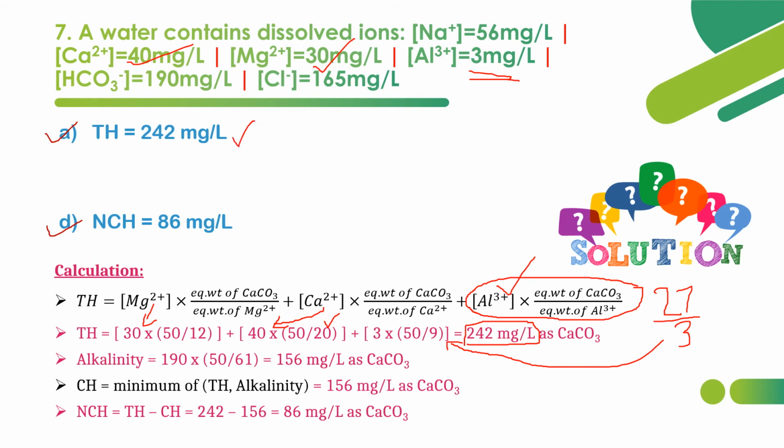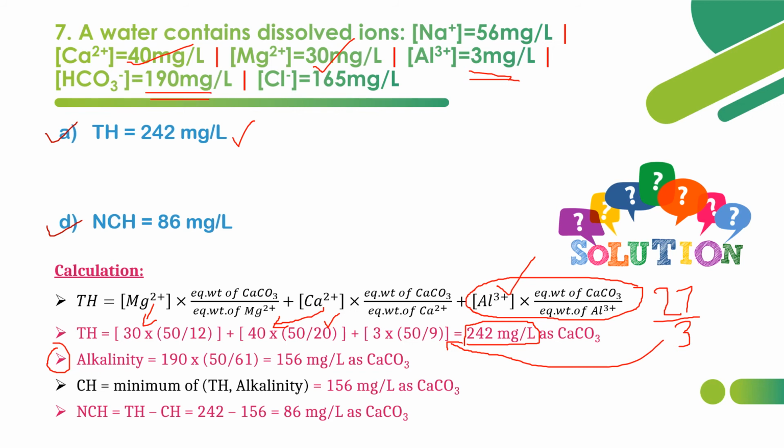Now let's move on to calculate the NCH value. For calculating the NCH value, we need alkalinity. Alkalinity is imparted by carbonates, bicarbonates and hydroxyl ions, or caustic ions. Here only one alkalinity is given: bicarbonate, 190.